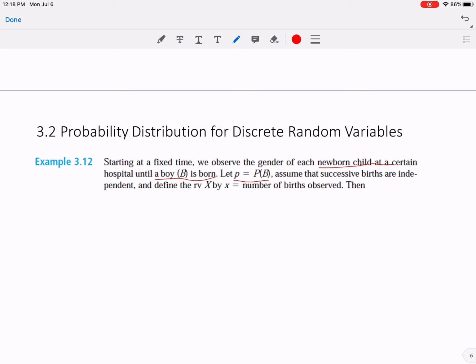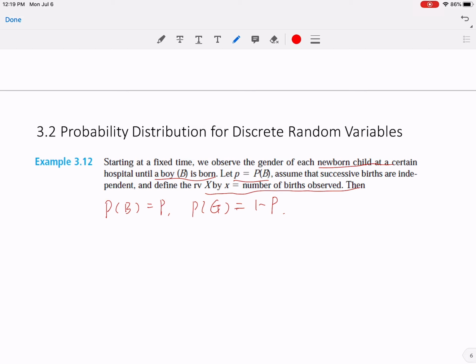We define the random variable x by x is equal to the number of births observed. Now, first of all, if the probability of a boy being observed is P, what is the probability that a girl is observed? That would be 1 minus P, right? That would be 1 minus P.